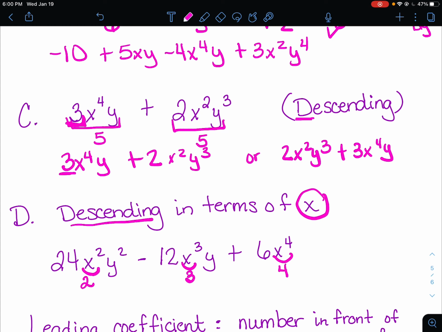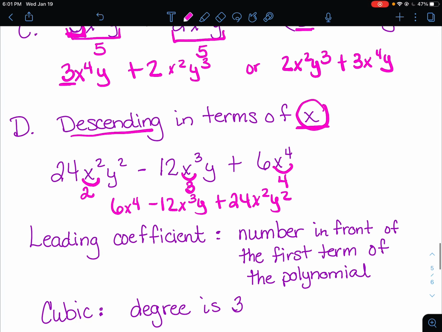If we're writing in descending, meaning large to small, we'll write the 6x to the 4th first, negative 12x to the 3rd, y second, and plus 24x squared, y squared, because we did it just in terms of x. That makes a big difference when it says in terms of x. We're just looking at the x variables. It could say in terms of y, it could say in terms of z, whatever it may be. If that's the case, we're just looking at that variable alone and not the whole term itself.